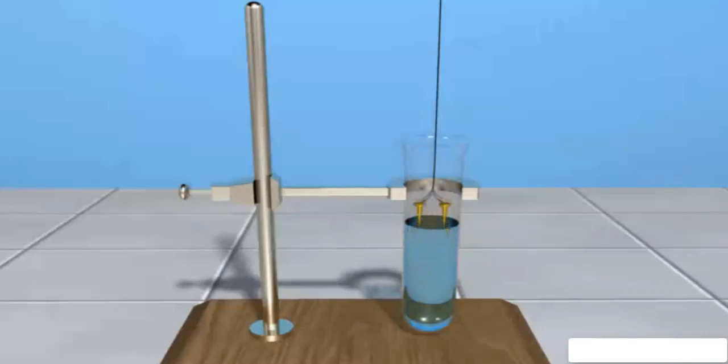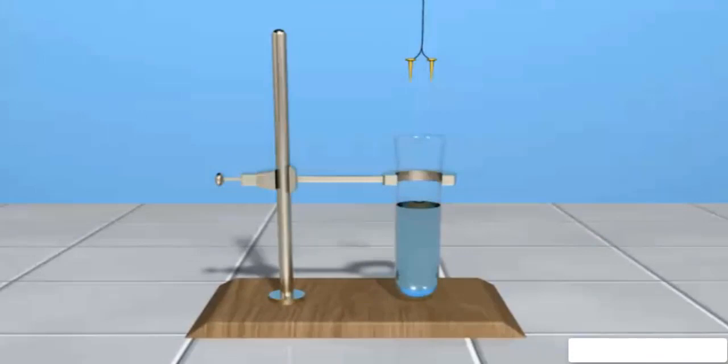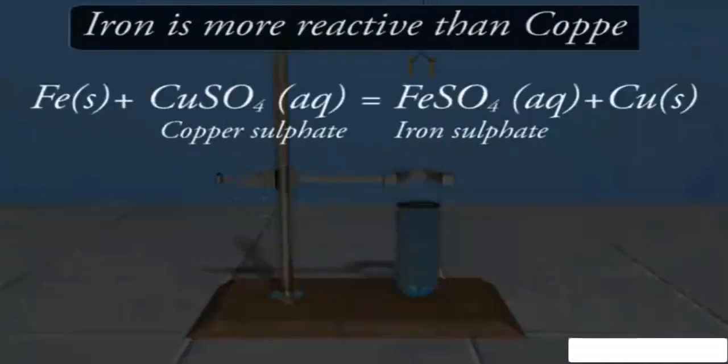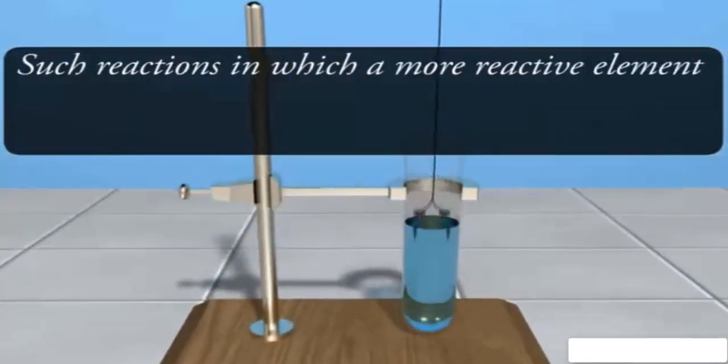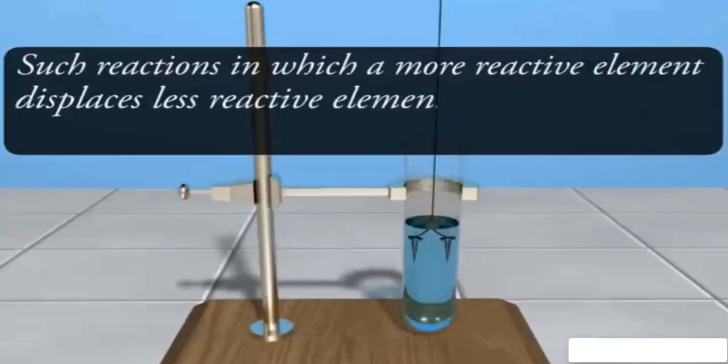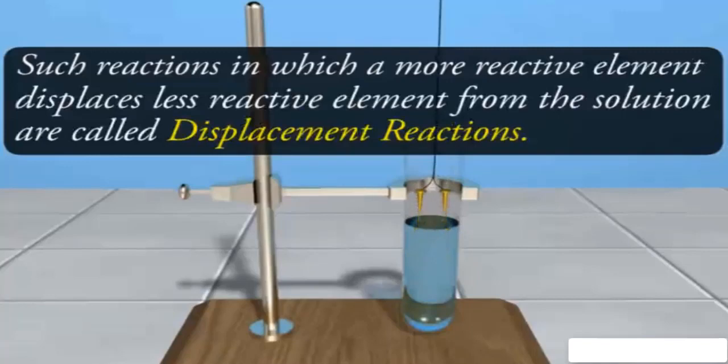After some time, the iron nails become brownish in color and the blue color of copper sulfate solution fades. In fact, in this reaction, iron, which is more reactive than copper, has displaced or removed copper from copper sulfate solution. Such reactions in which a more reactive element displaces a less reactive element from the solution are called displacement reactions.